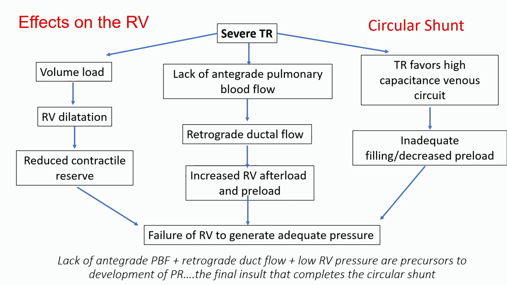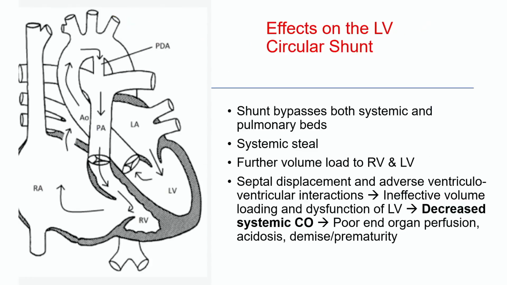So it just becomes a very vicious cycle, and there's inadequate filling and decreased preload of the right ventricle. So again, we get the failure of the right ventricle to generate adequate pressure. And this lack of antegrade pulmonary blood flow, retrograde ductal flow, plus low RV pressure are precursors to the development of the pulmonary insufficiency, and that's the final insult that then completes the circular shunt.